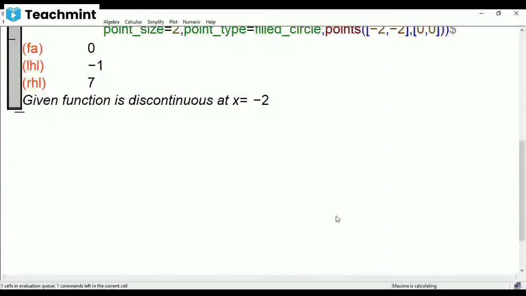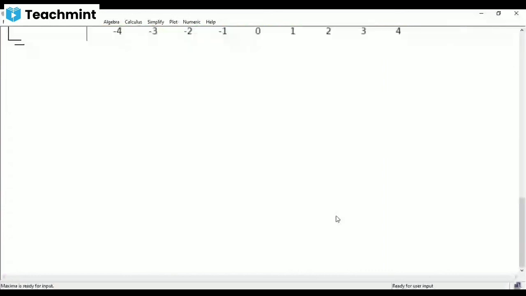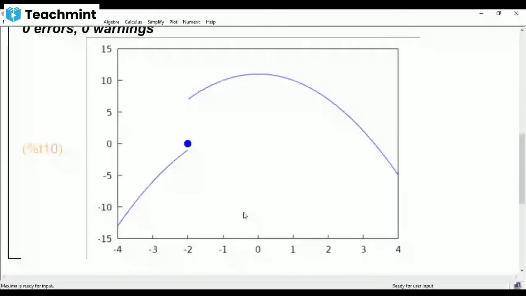Let us see whether we are going to get the graph within that range. Okay, fine. So this gives you a nice representation of the graph.